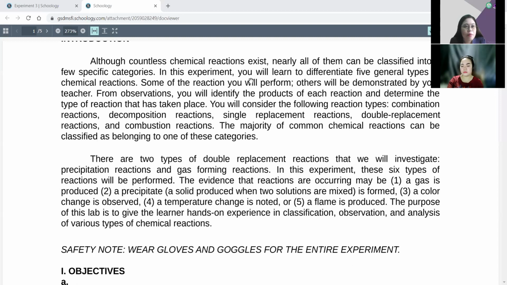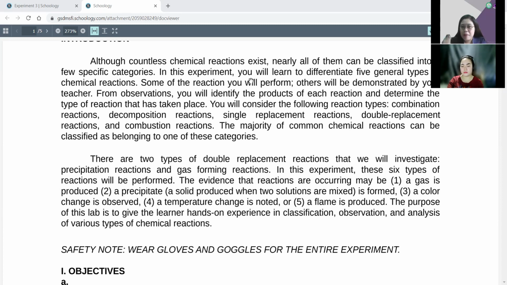And then we have the decomposition reaction, which is the other way around, wherein a compound decomposes into its components. And then we also have single replacement reaction, where you have to follow the activity series of metals before you can predict that the reaction is really possible.